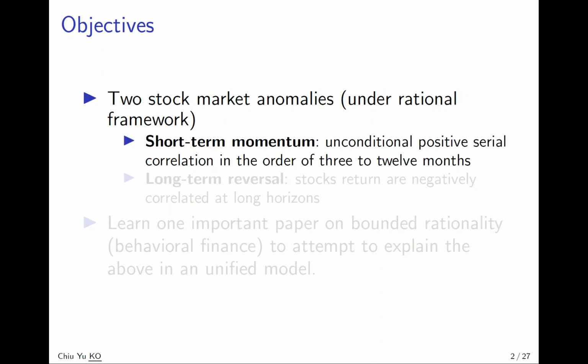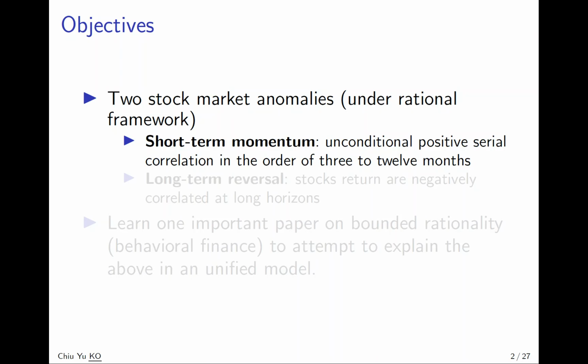The first one is short-term momentum, which says if the stock is doing well in the last year, it tends to do well in the next coming year, or if the stock is not doing well in the last year, it continues not to do well in the next year. So past year trend will tend to continue to the next one.